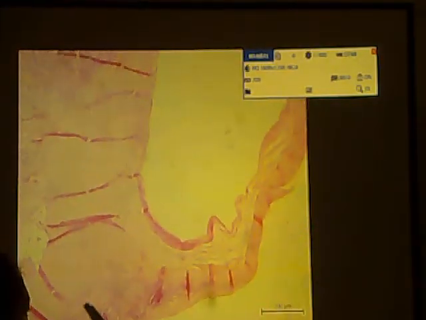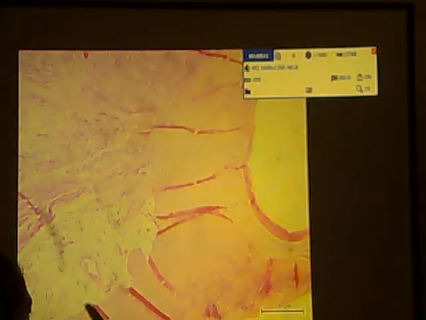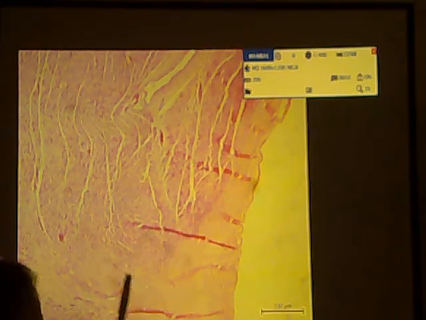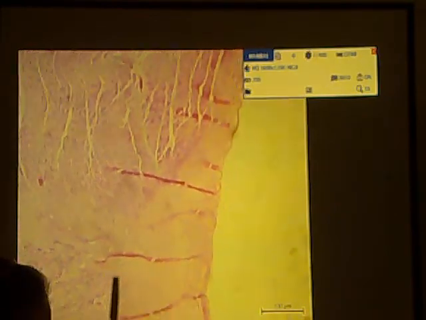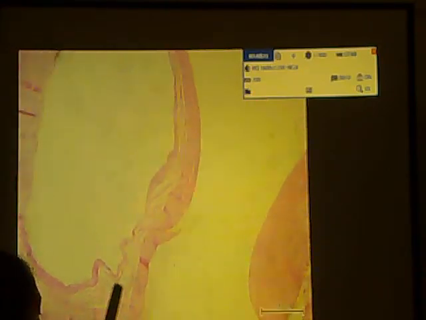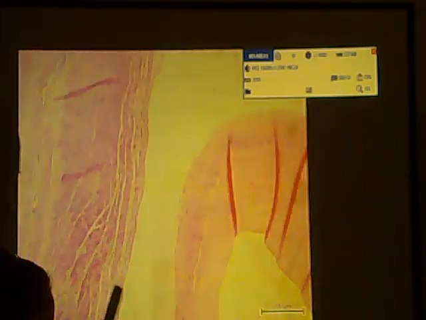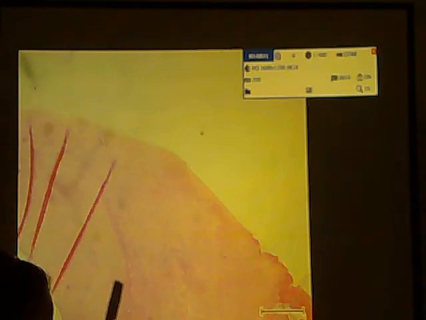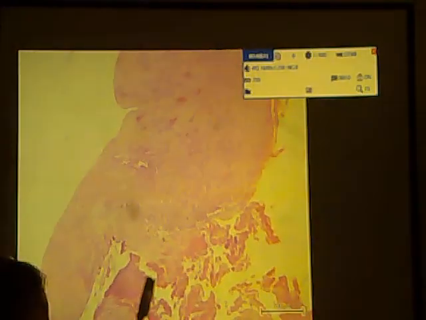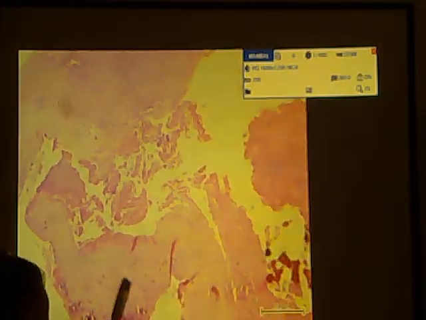It's big. Okay. So this is your endocardium. Endocardium is the innermost layer, from the word endo. Innermost layer of the heart. So this one with a portion of your valvular leaflet.